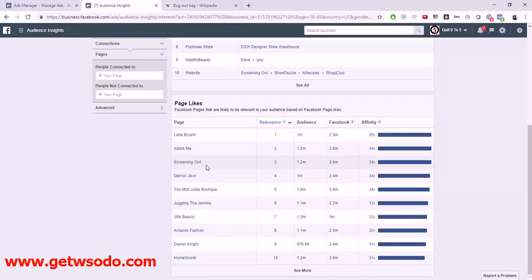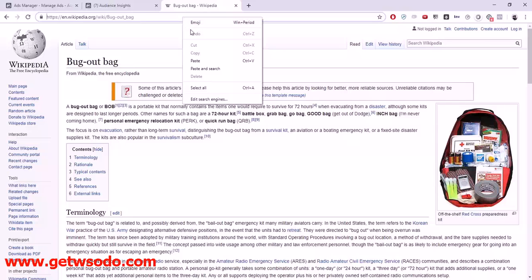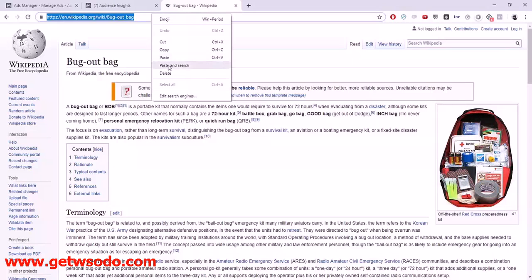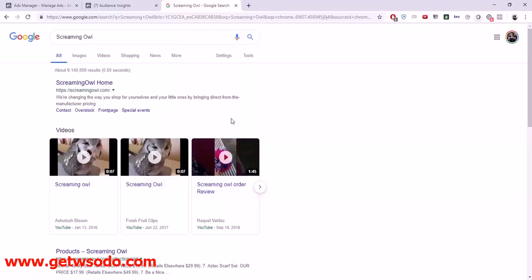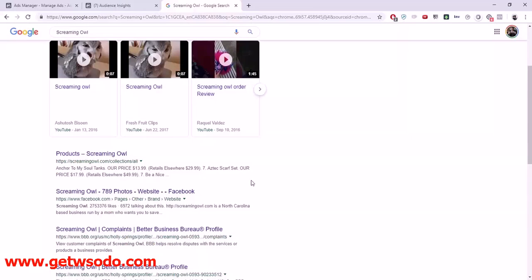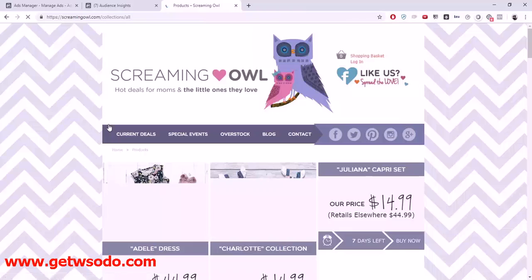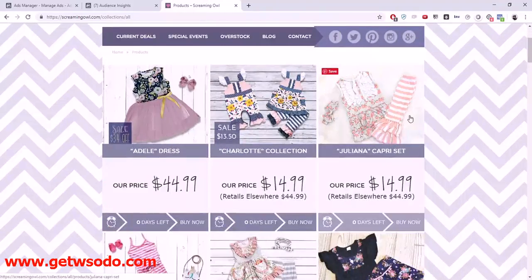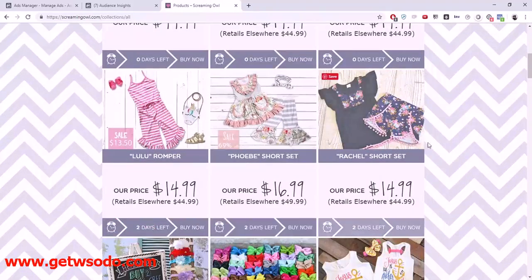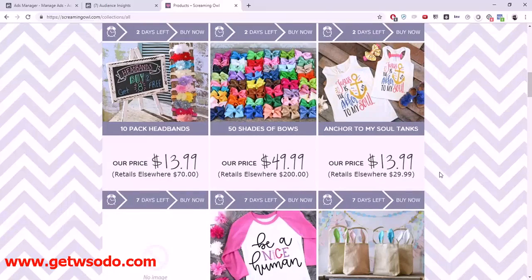So Screaming Owl. What is Screaming Owl? So Screaming Owl looks like baby's clothes.